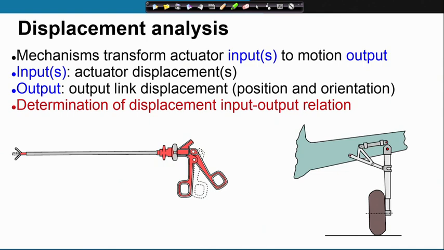for a mechanism is the displacement analysis problem, where inputs are actuator displacements and the output is the output link displacement, which can consist of position and orientation of the output link.